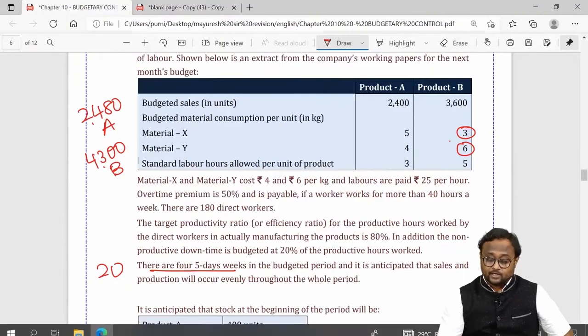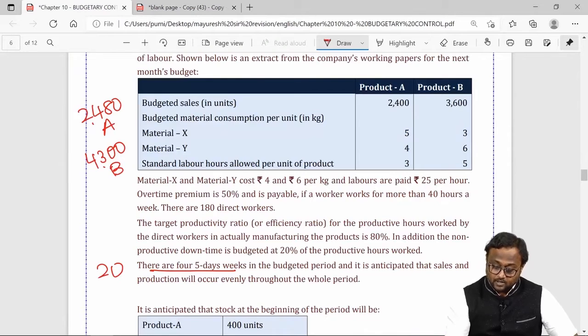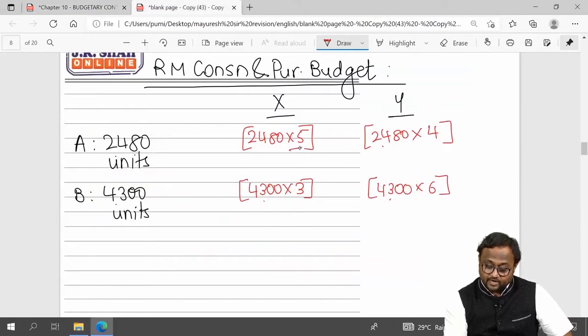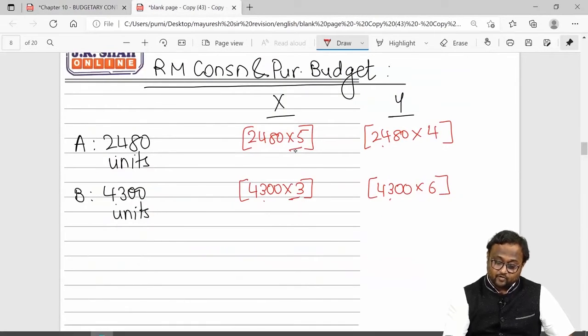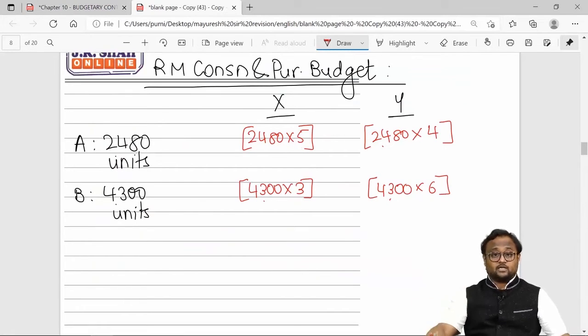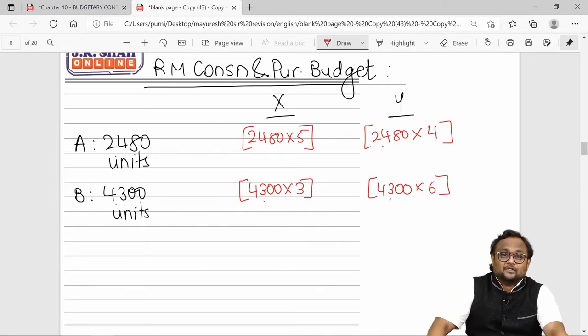How to focus on material? Material X, 5 and 3 for A and B, and similarly for Y it can be recorded. So either you focus on material, complete whole thing, or you focus on finished goods and complete the whole thing.